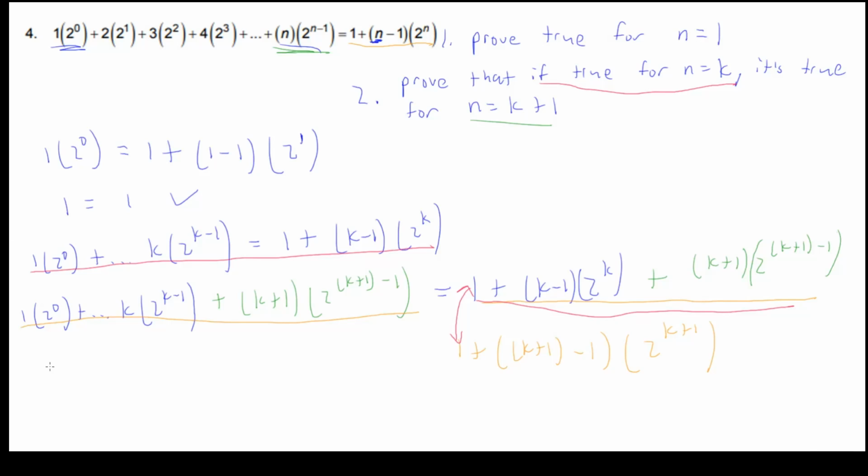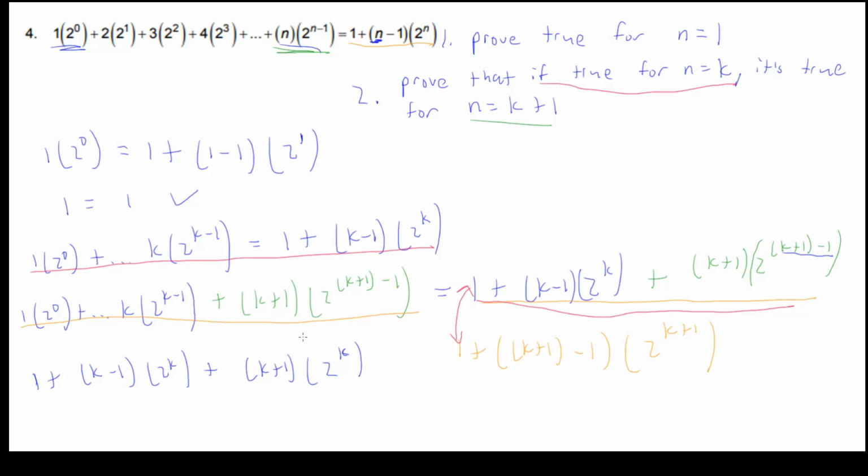First of all, let's just see if we can simplify some things. So we have 1 plus k minus 1 times 2 to the k. I'm just rewriting this expression. Plus k plus 1 times 2 to the... Okay, so k plus 1 minus 1 is the same as just k. So times 2 to the k.